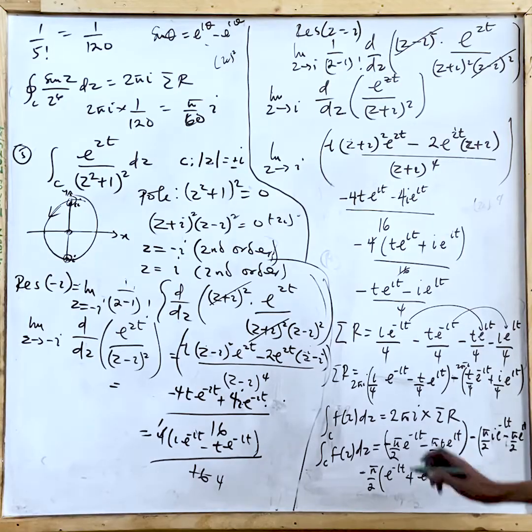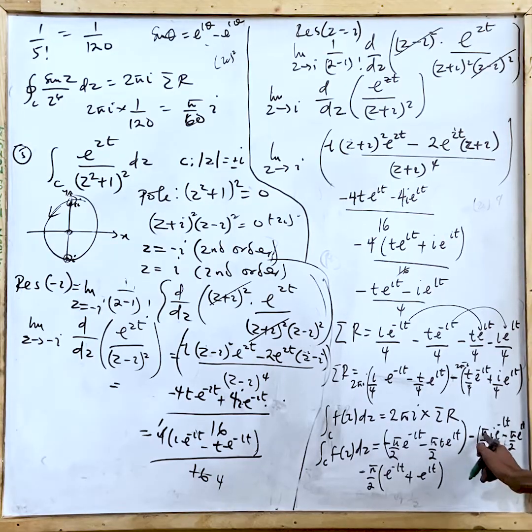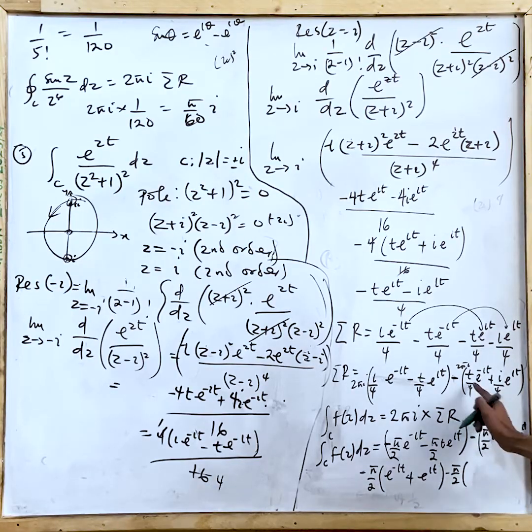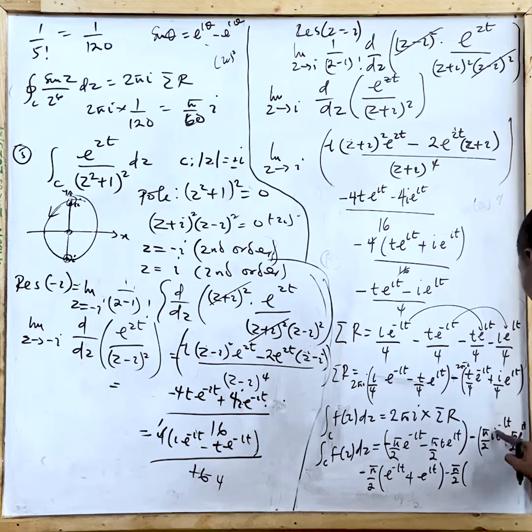Yeah, the one with t, factorize pi over 2 from here as well. This will be minus pi over 2 t. So this one has t. Yeah. So I factorize pi over 2.